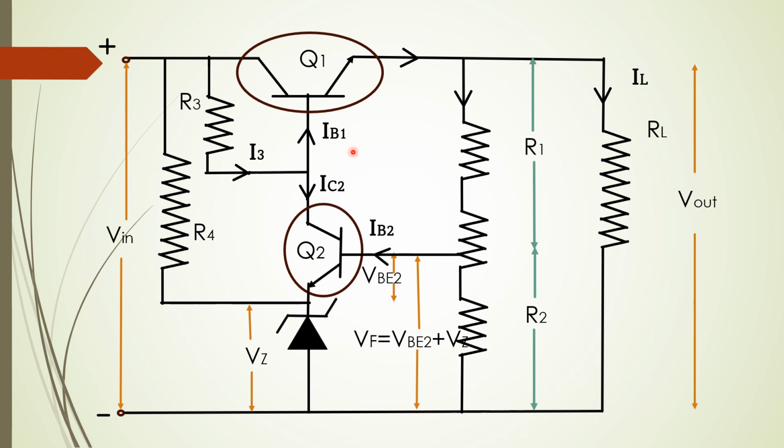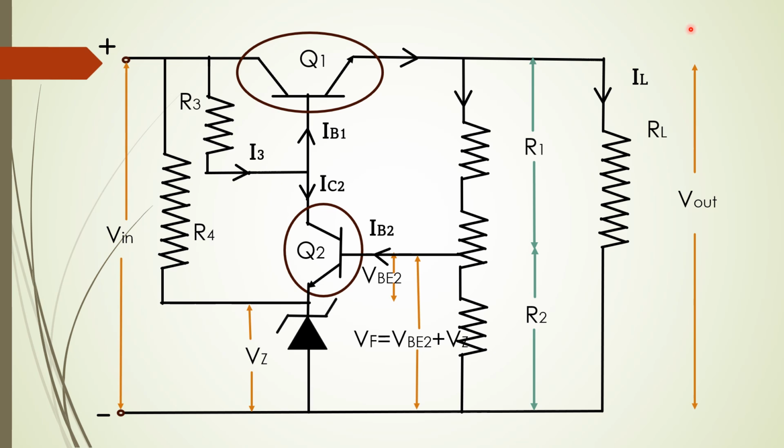Since IB1 is decreasing, RCE1 will increase, therefore VCE1 will also increase. Because of the increase in VCE, Vout will decrease. If there was an increase of plus X earlier, now there will be a minus X.